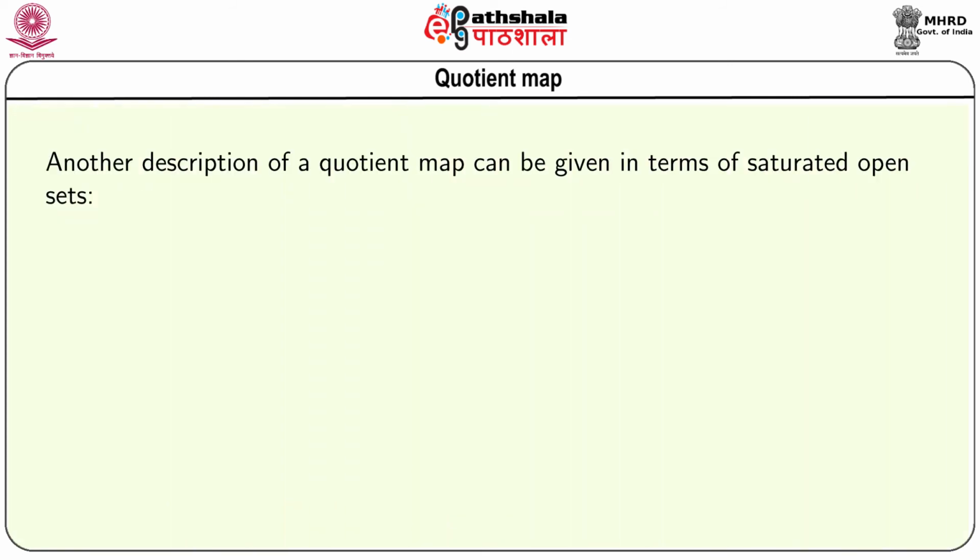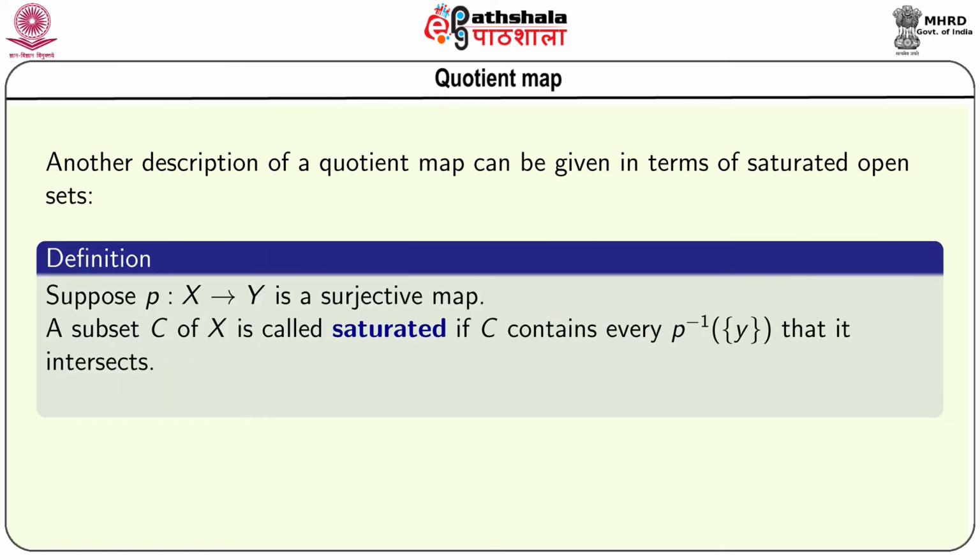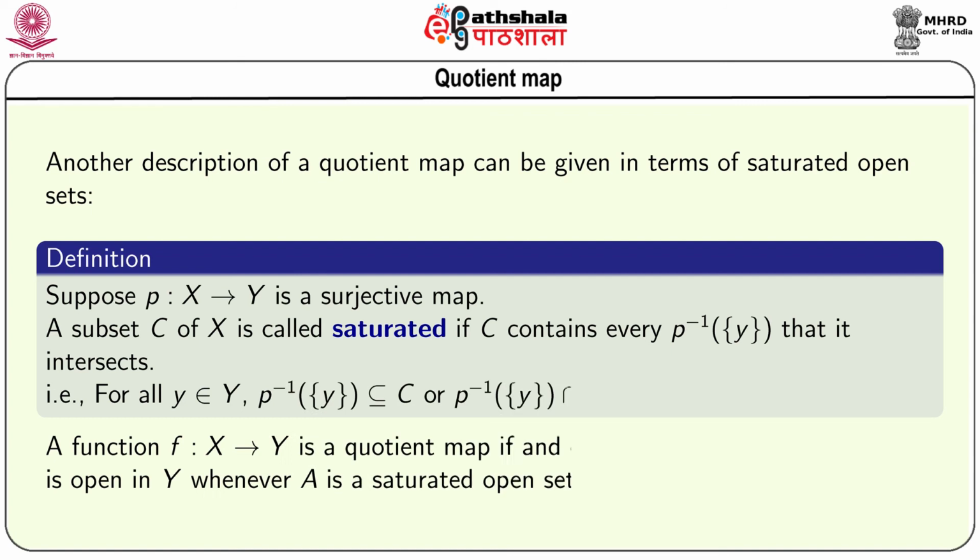Another description of a quotient map can be given in terms of saturated open sets. Suppose P is a surjective map. A subset C of X is called saturated if C contains every P inverse y that intersects C. That is, for all y belonging to capital Y, either P inverse y is contained in C or P inverse y intersection with C is empty.